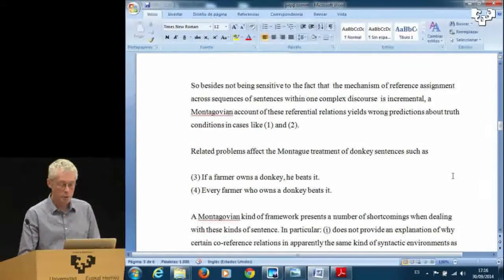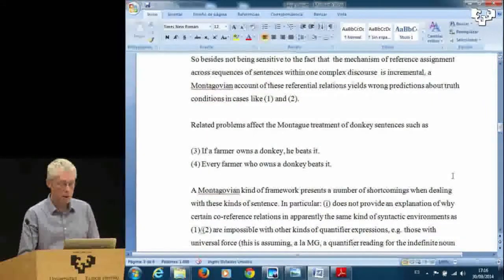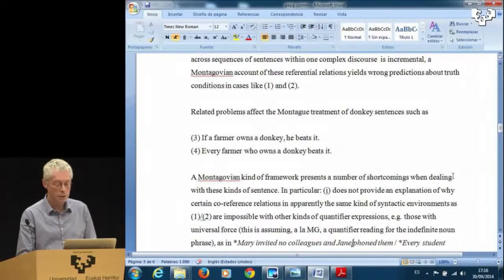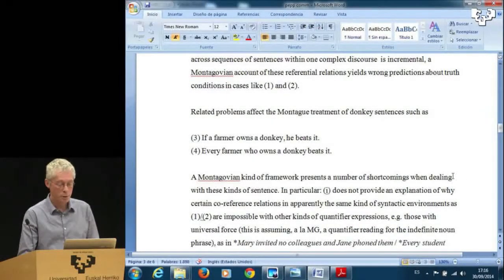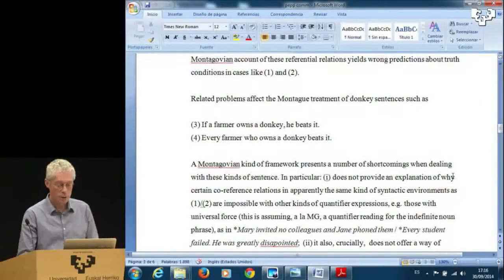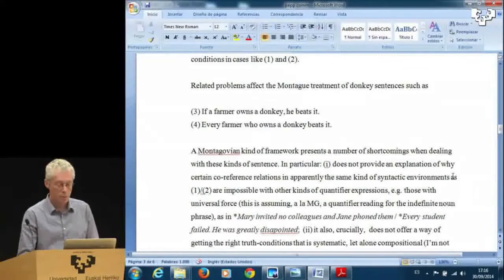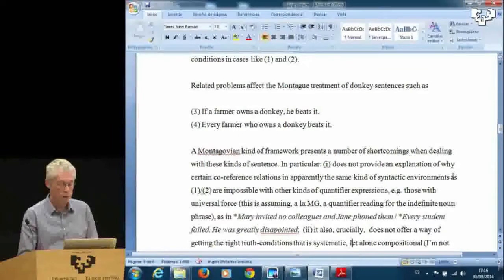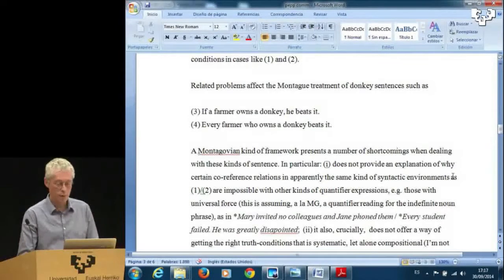Related problems affect the Montague treatment of donkey sentences, such as 3, if a farmer owns a donkey, he beats it, and 4, every farmer who owns a donkey beats it. A Montagovian kind of framework presents a number of shortcomings when dealing with these kinds of sentence. In particular, first, it does not provide an explanation of why certain co-reference relations in apparently the same kind of syntactic environment as 1 and 2 are impossible with other kinds of quantifier expressions, for instance those with universal force.